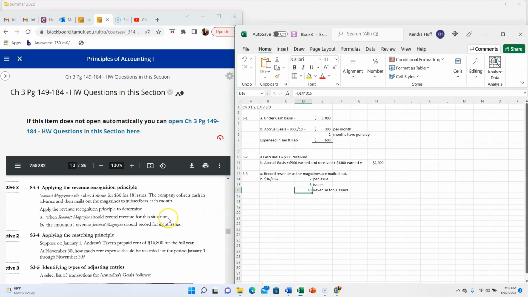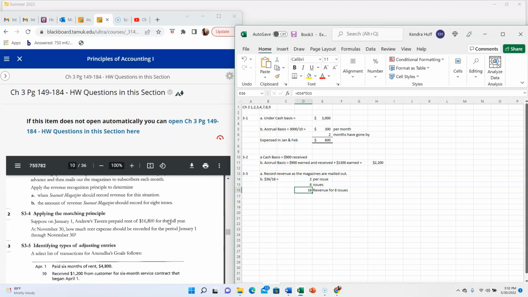All right, number 4. Suppose on January 1st, Andrew's Tavern prepaid rent of $16,800 for the full year. At November 30th, how much rent expense should be recorded for the period January 1st through November 30th? Okay, so they paid $16,800 for the full year.